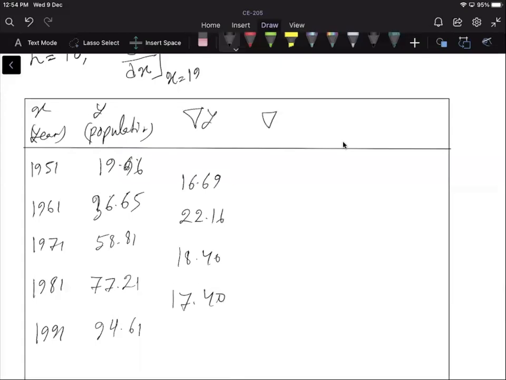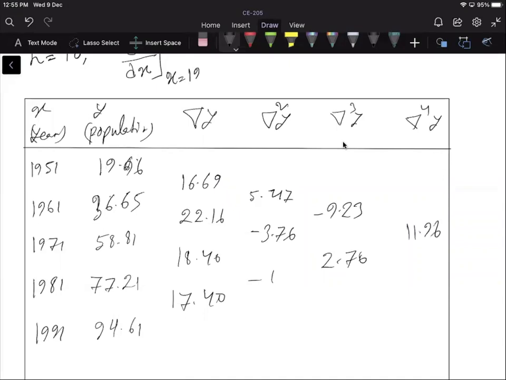The second differences will be 5.47, minus 3.76, minus 1. As from your previous problems, the third differences are 9.23, 2.76, and for the fourth difference you will find 11.96.